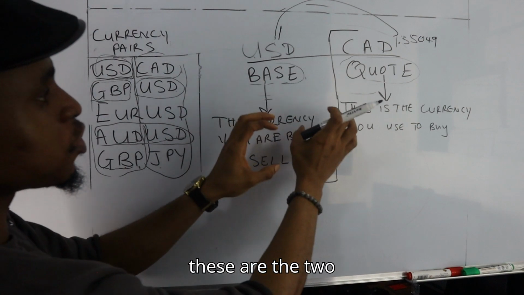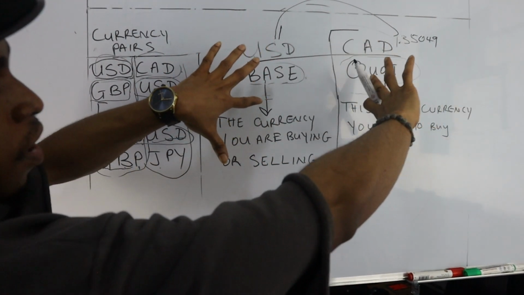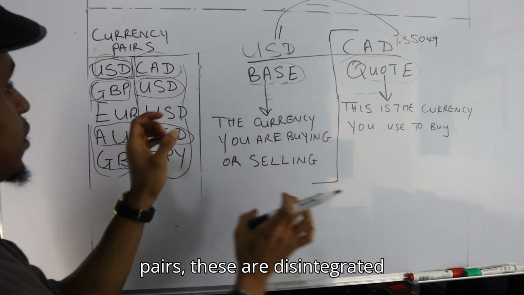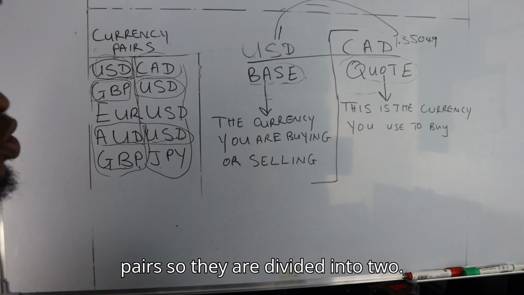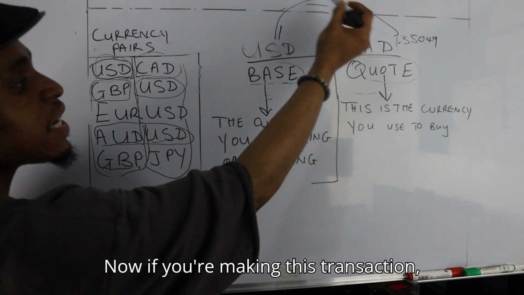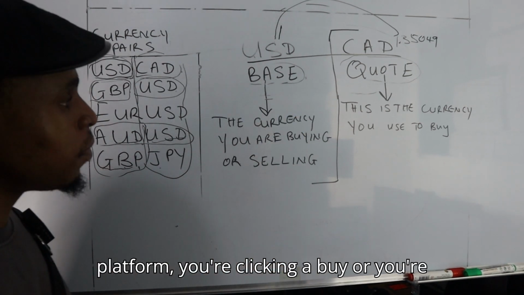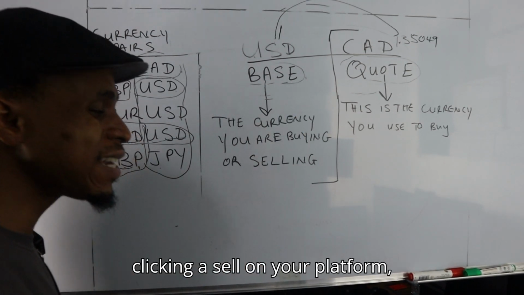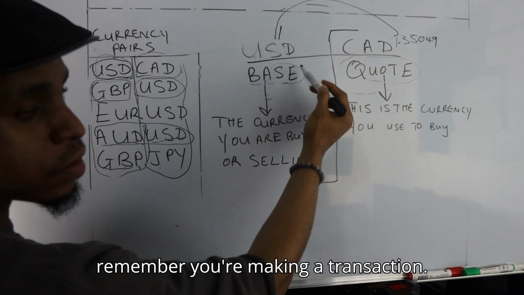Okay, these are the two disintegrated pairs, so they are divided into two. Now, if you're making this transaction, if you're clicking a buy or clicking a sell on your platform, remember you're making a transaction.